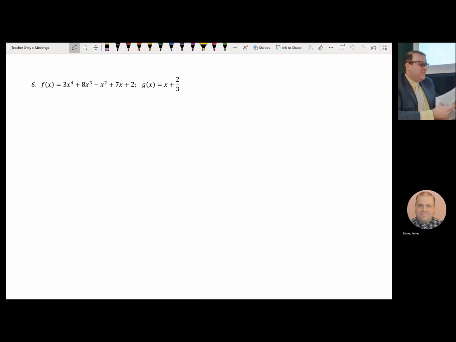Can we use synthetic? What is A? In descending order, coefficients of the dividend.